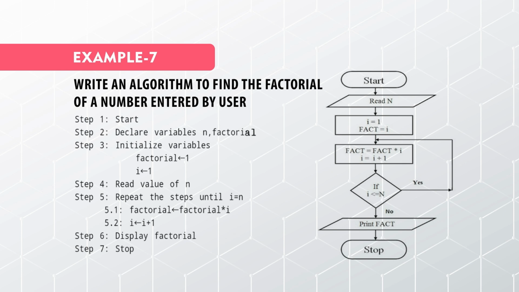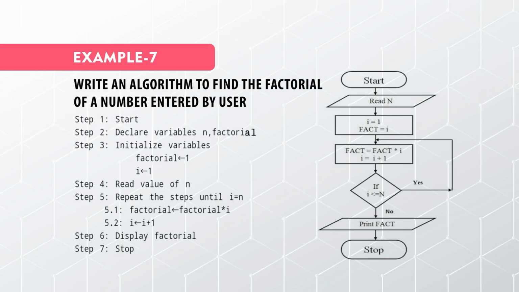So n is equal to 3. The factorial variable is initialized to 1, I is also initialized to 1, and n is 3. This algorithm will run up to I equal to n. At present, factorial is equal to factorial into I, so 1 into 1 is equal to 1, and this answer is stored in factorial as 1.